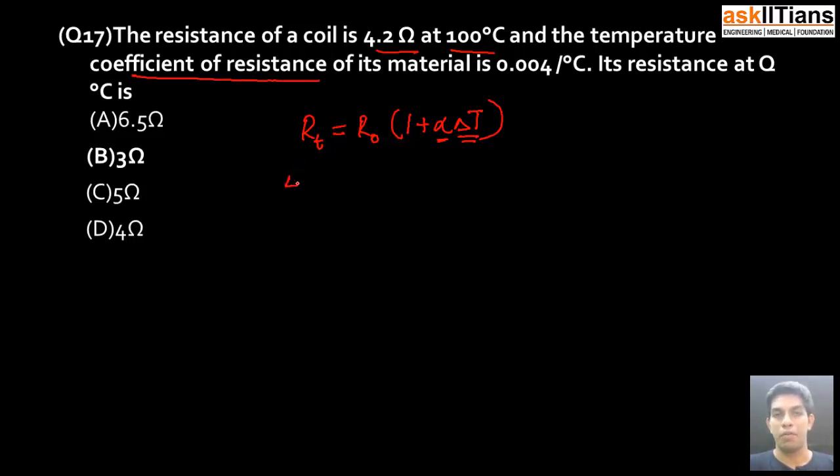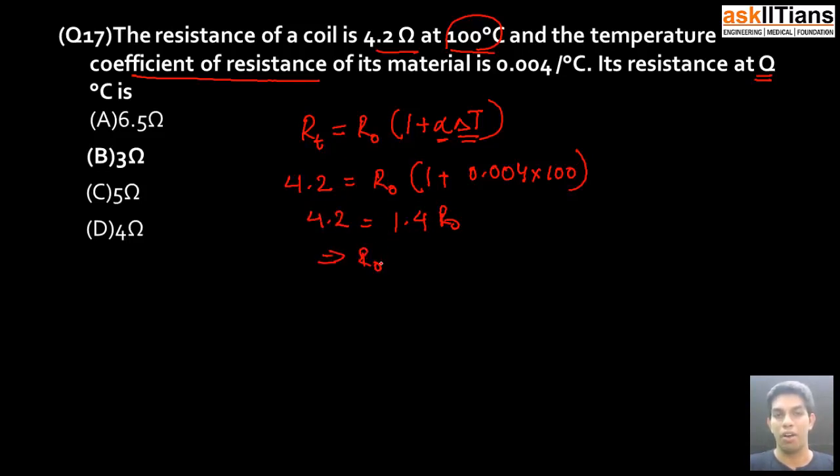So RT is given to be 4.2 ohm, and we need to find R naught. Here alpha is 0.004 and del T is 100 degrees Celsius, because this is 0 degrees Celsius and this is 100 degrees Celsius. So 1.4 times R naught is equal to 4.2 ohm, which implies R naught is equal to 3 ohm. Hence B is the correct answer. Moving on to the 18th question.